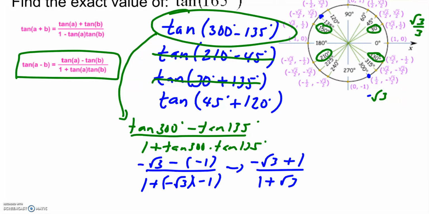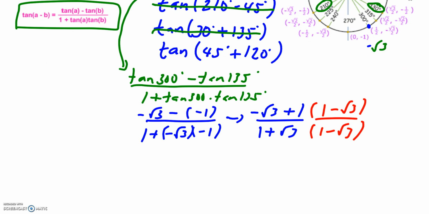Just like last time, because I know I should not have a radical in the denominator, I'm going to multiply by the conjugate of the denominator, because that's where I can't have my radical. So if I multiply that out, I would get negative root 3 plus 3, because negative times negative is positive, plus 1 minus root 3 in the numerator.